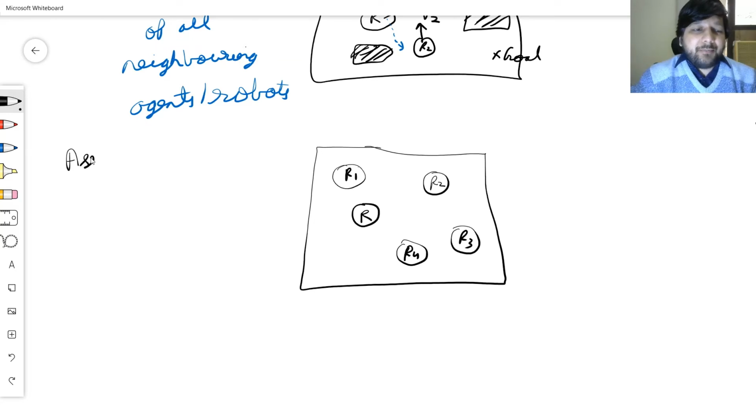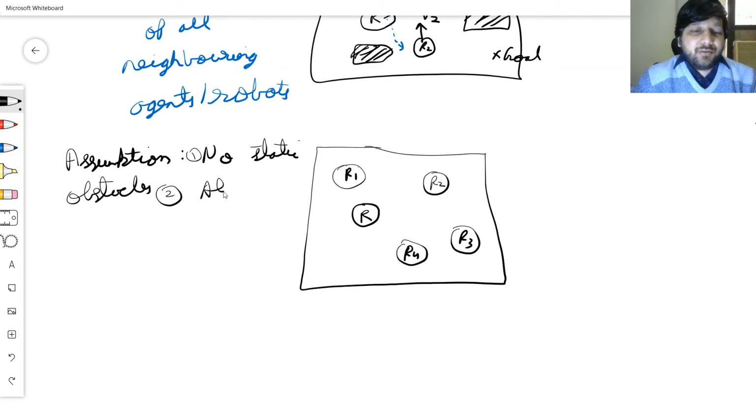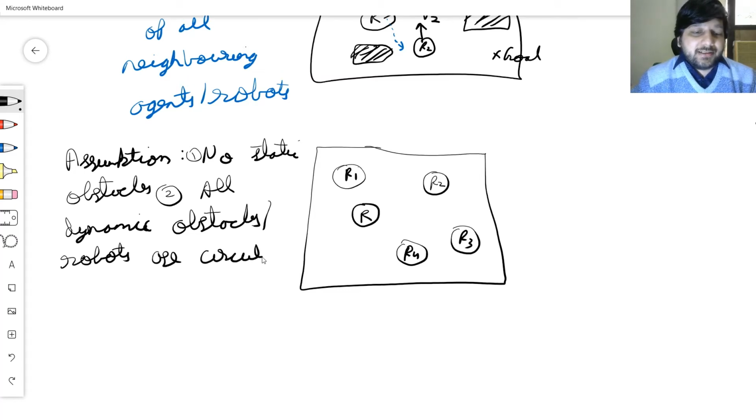So my assumption says number one, no static obstacles, and number two, all dynamic obstacles, which can be robots, are circular with a known current velocity vector.